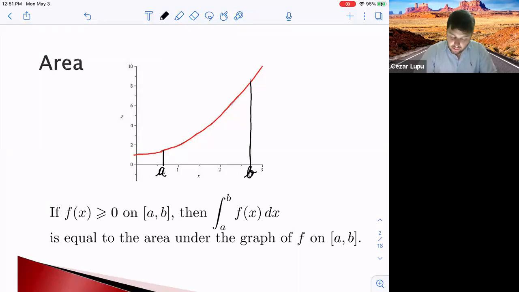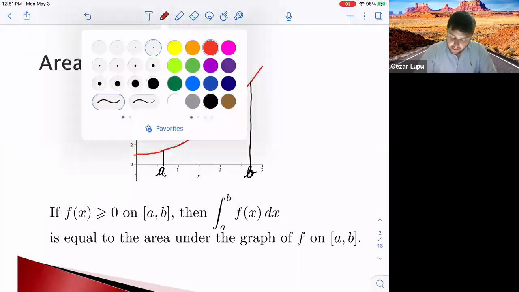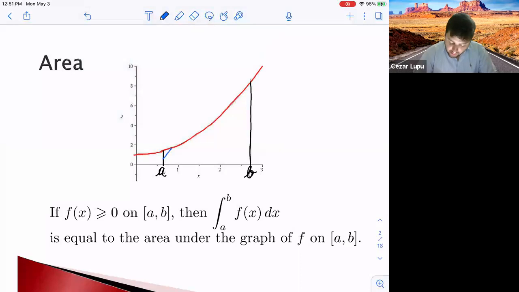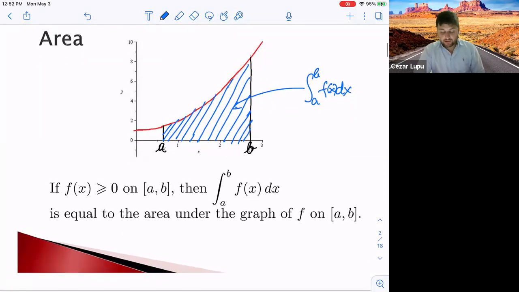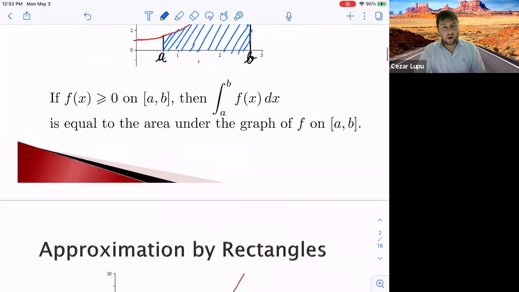So in other words, this is the area under the graph, this is the integral from a to b of f of x dx. All right, so we already know this. Great, so that's the definition. And now we would like to see how we can approximate that area.